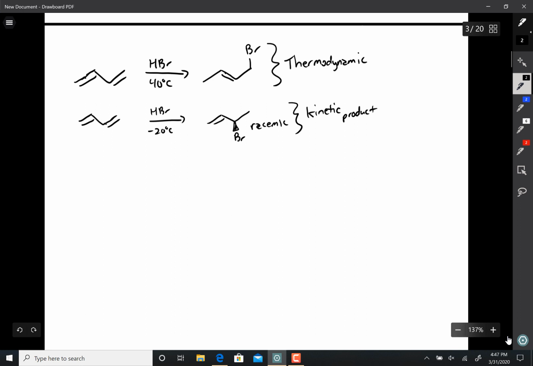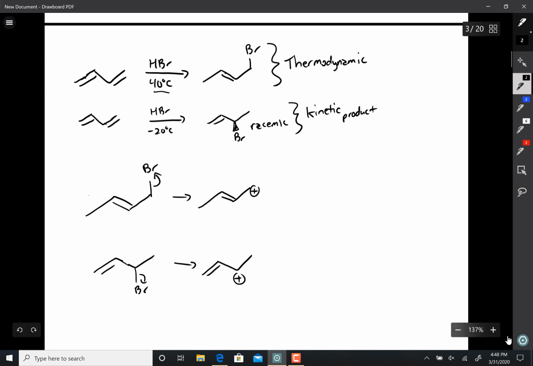And what the temperature difference is has to do with equilibration. There is a barrier to going backwards. In this case, the barrier would be the last step. If you have enough energy to surpass that barrier, in this case 40 degrees or so, then the reaction can go backwards.